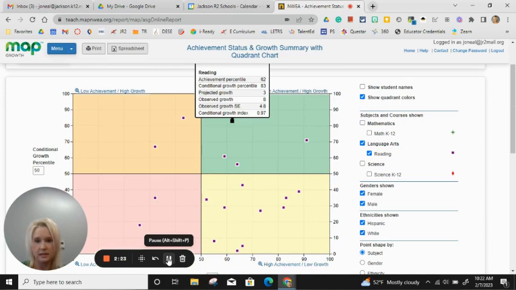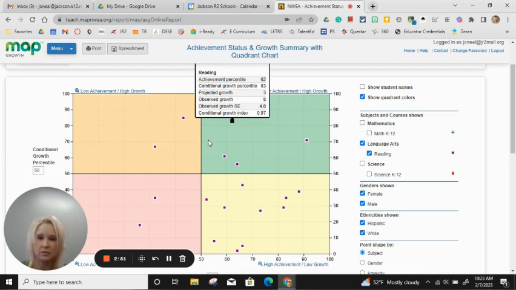Okay, so when I click on a box or a student name, I get their little snapshot of their information. So their achievement percentile is where they are in relation to other students who have taken the NWEA at this point. So achievement percentile, that means that 62, this student is performing the same as or better than 62% of students taking it.